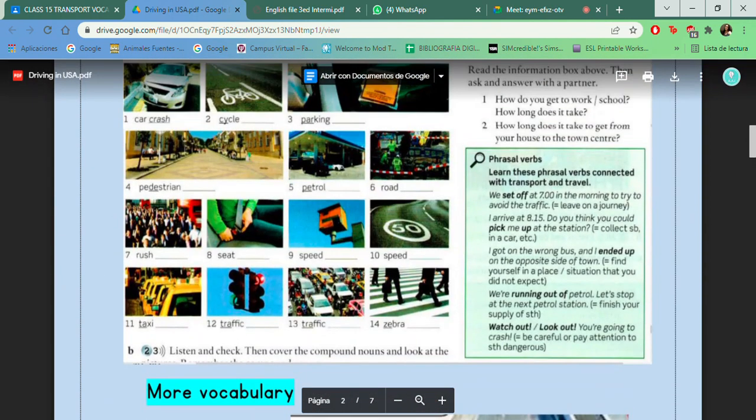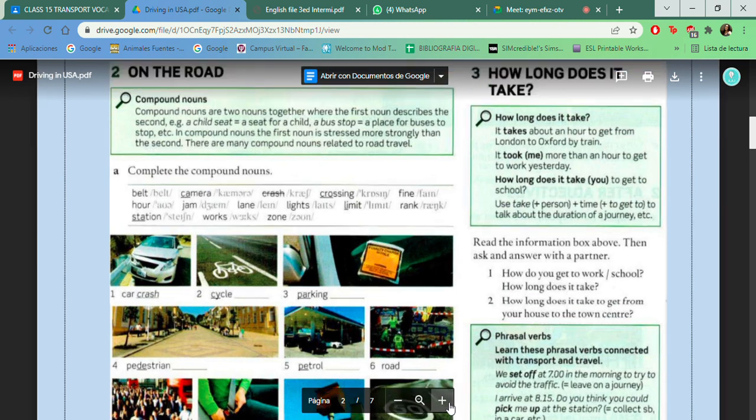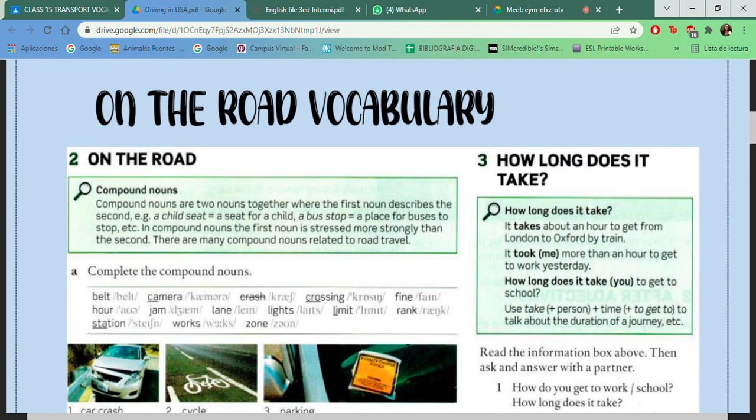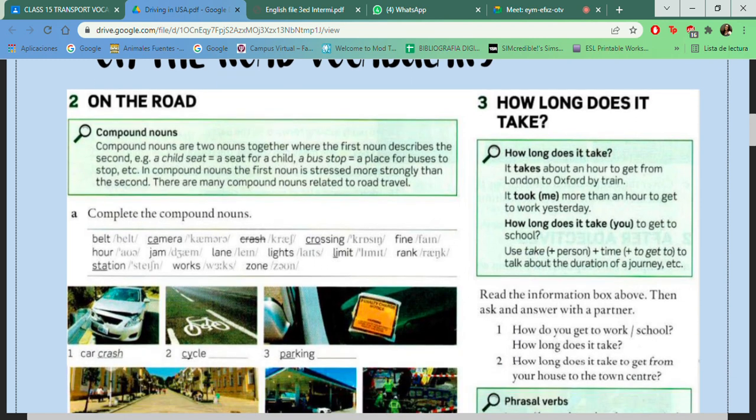Great. So we can practice on the road vocabulary, okay? So here we have what we call compound nouns. Are two nouns together where the first noun describes the second. For example, child seat. This is a seat for a child, okay? A bus stop is a place for buses.